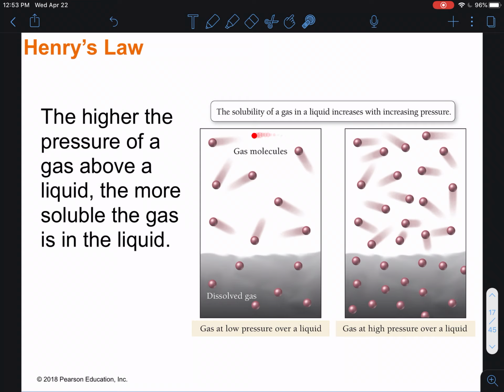If you have less pressure above the liquid as you do over here, there's less force pressing down on the surface of the liquid, and therefore the gas molecules can pop up or leave the solution much easier. So Henry's law states that the solubility of a gas in a liquid increases with increasing pressure. So that is something you're going to need to know.